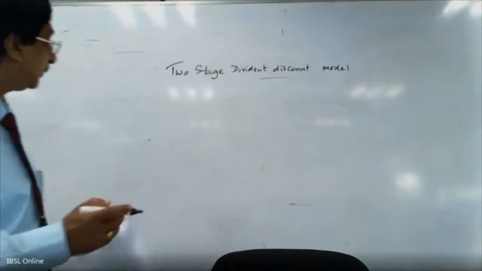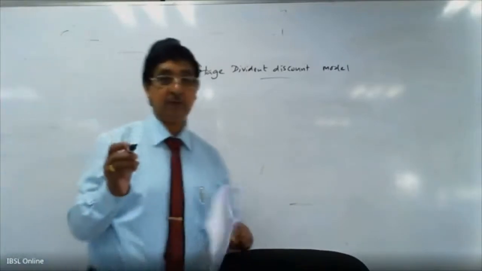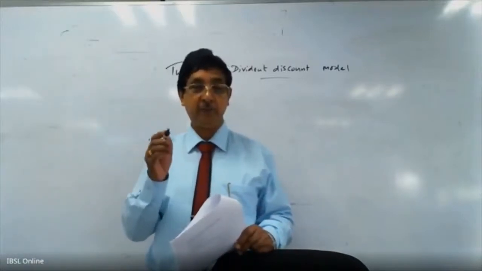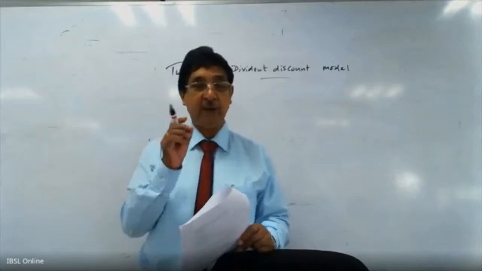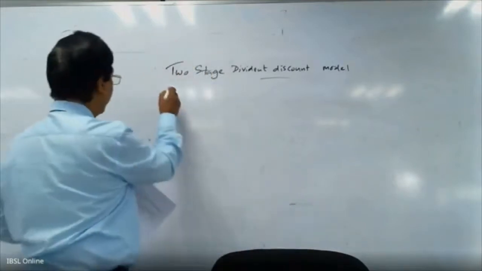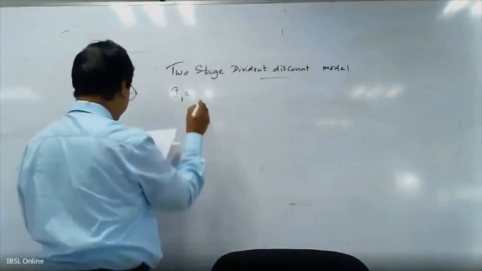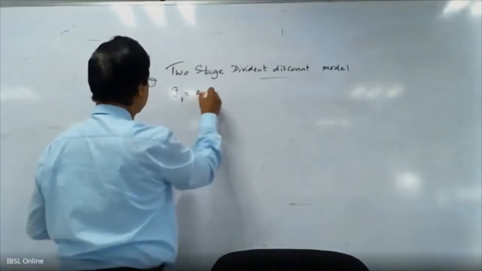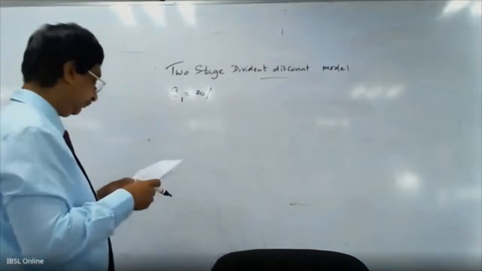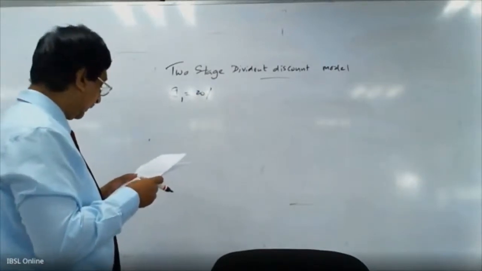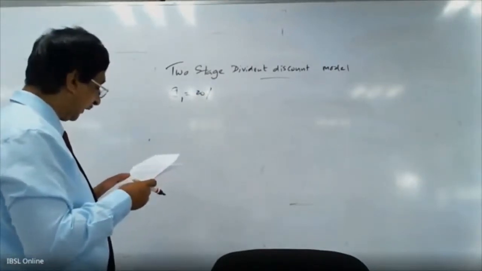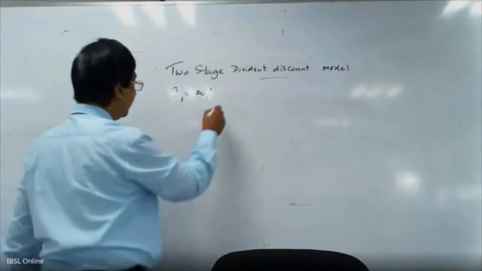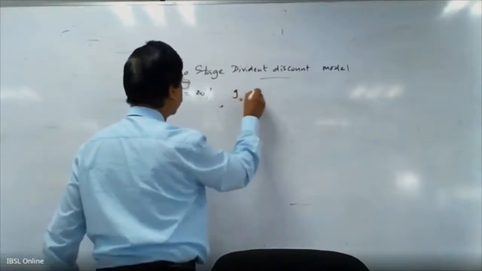Now, what we can do is we can just jot down the available data onto the paper and we can start with that. So we can say G1 is equal to 20%. This above normal growth rate is expected to continue for another 5 years before it levels off at a more normal rate of 6%. So therefore, you can say G2 is 6%.